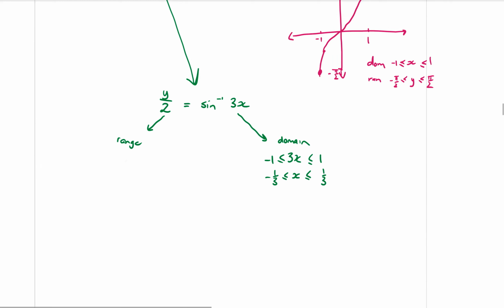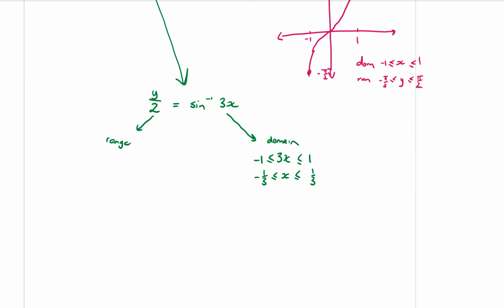Let's do the same thing with the range. My range is coming from the y over 2. Originally the range is between -pi/2 and pi/2, and that's where this starts.